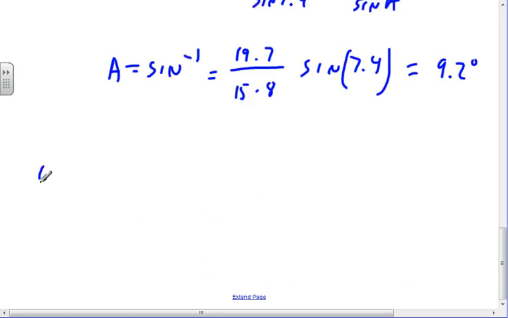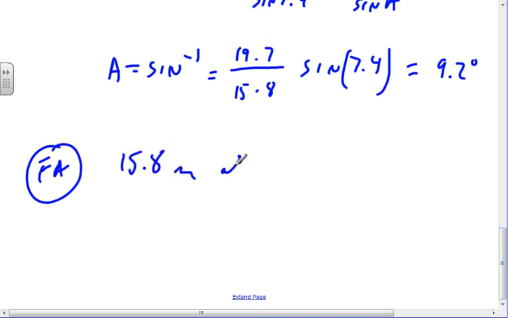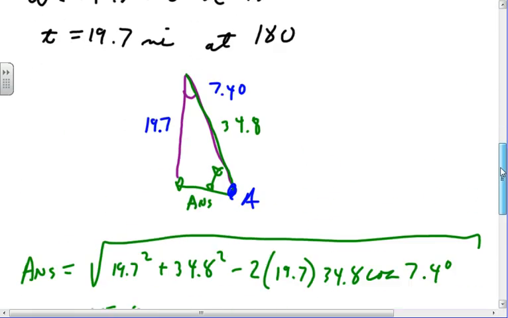Final answer. 15.8 miles at 170.8 degrees.